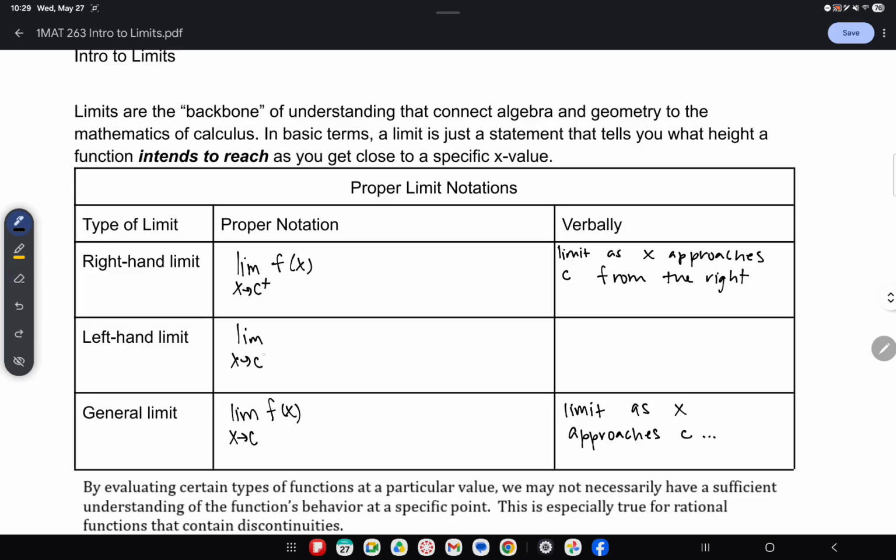So for the left, we'll put a minus sign. So it's the limit as x approaches c from the left, right?